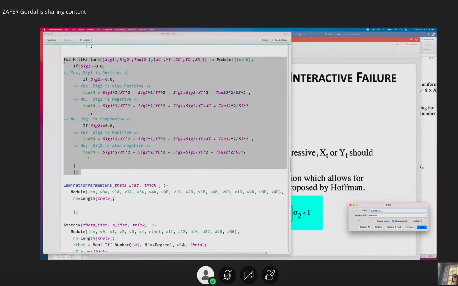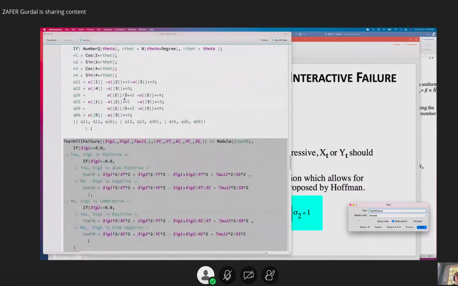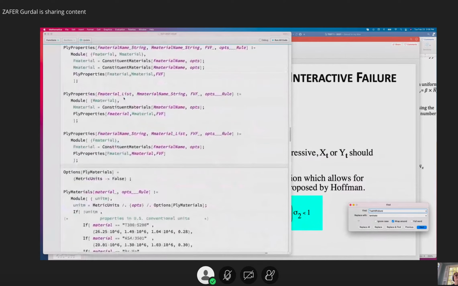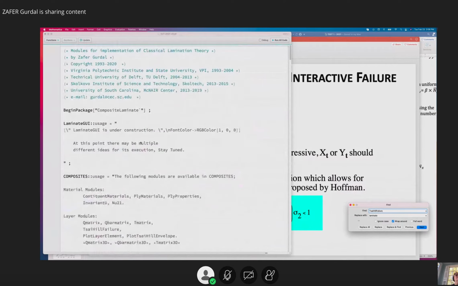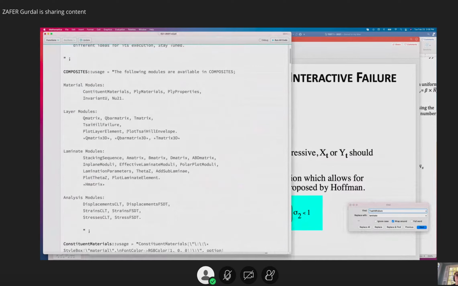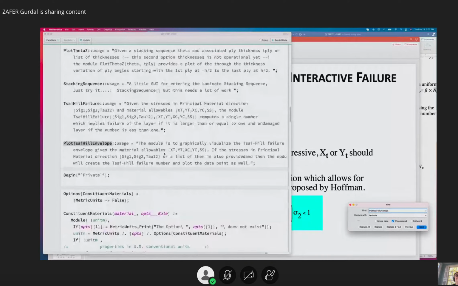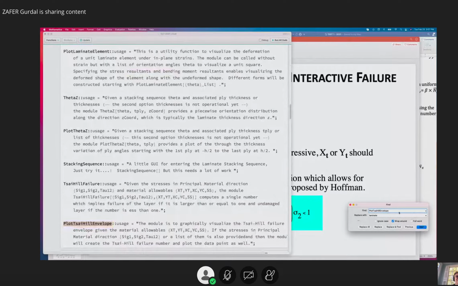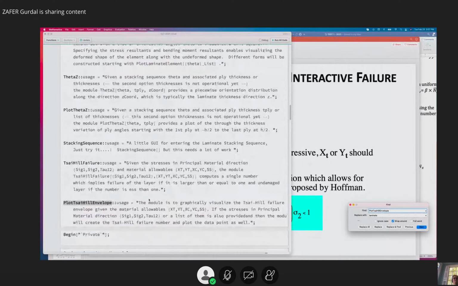So plot Sahil failure envelope is not working right now. Let me see if I wrote the function for it. I mentioned here, plot Sahil envelope, copy, paste it here. Yep, I wrote this definition, but there is no function in there, so it's under development.